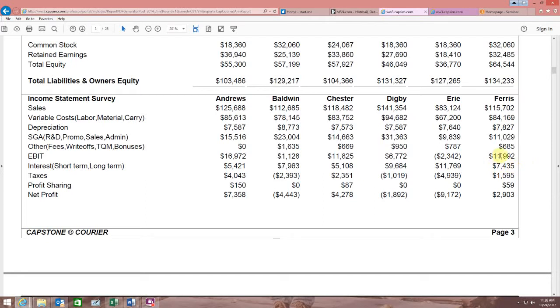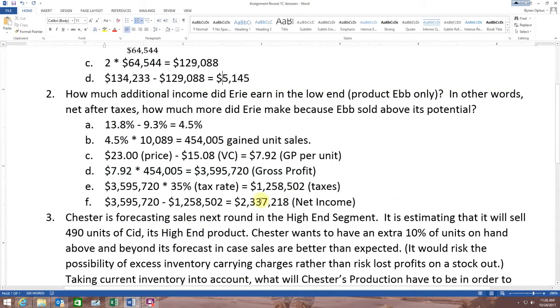We get to subtract out our interest. So that's about $4.5 million, somewhere in that neighborhood. I divide the 1.595 million by that difference, about 4.5 million, and I came up with 35%. So I did that instead of going back and looking at the guide to figure out that 35% was the tax rate, and that's consistent for all teams.